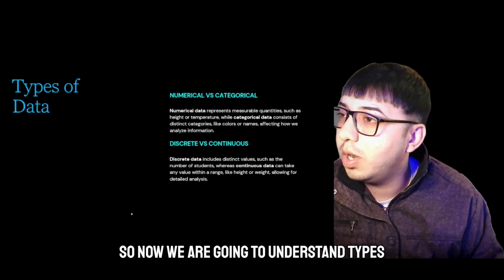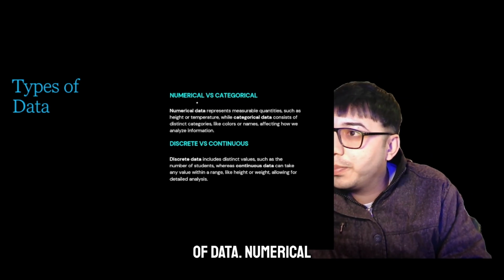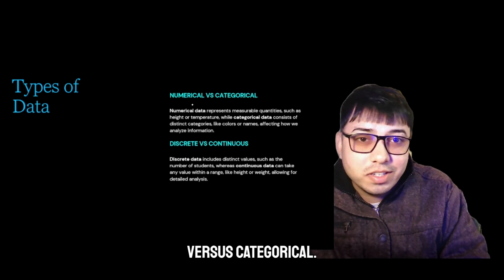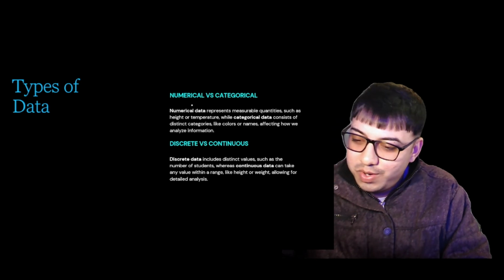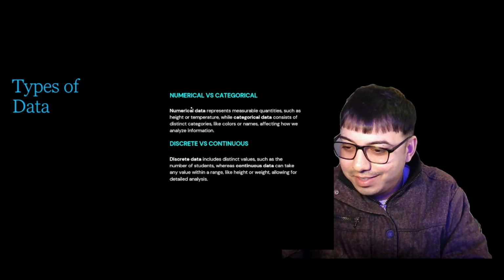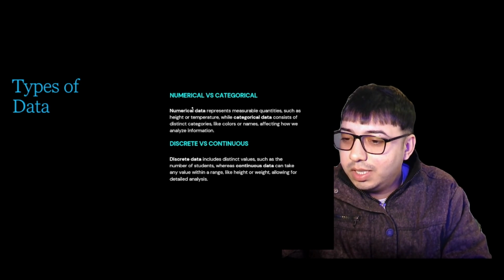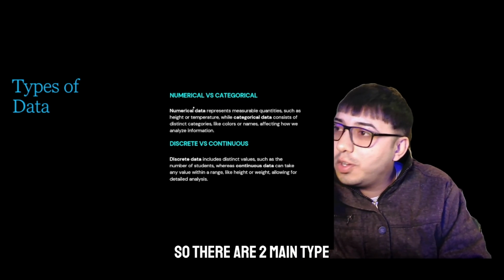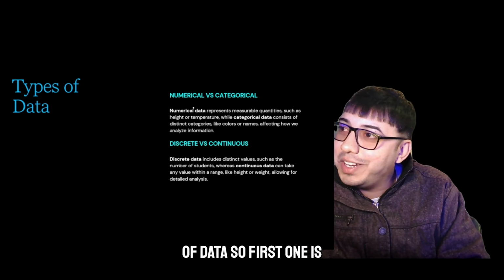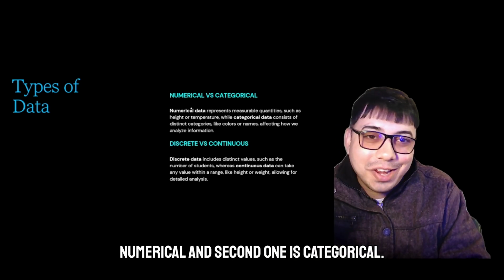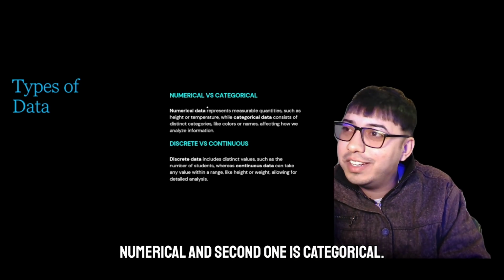All right. So now we are going to understand types of data: numerical versus categorical. There are two main types of data. The first one is numerical, and the second one is categorical.